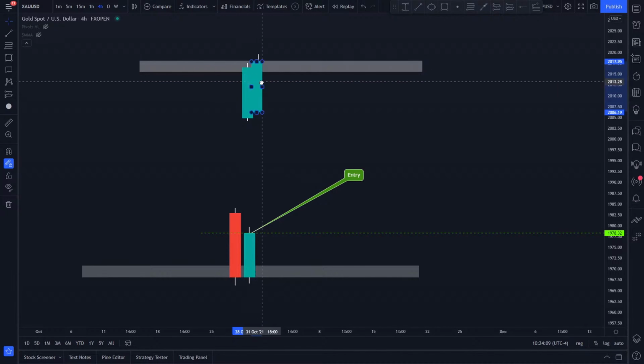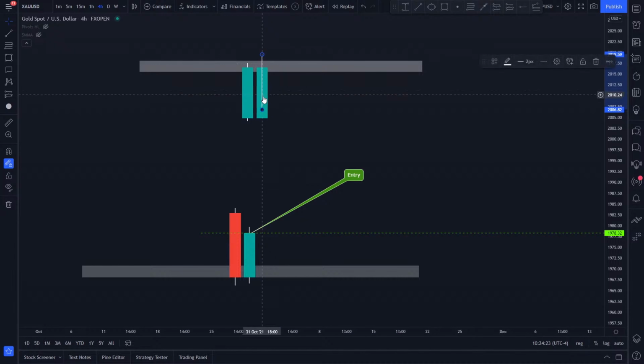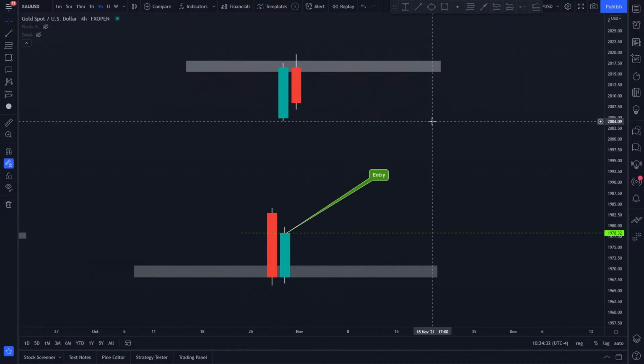We're going to talk about wicks afterwards. Right now, we're not looking at the wicks. You just need to focus on the body formation, unless the wick is part of the candlestick pattern. And then boom, there you go. And that's what the inside candlestick will look like.